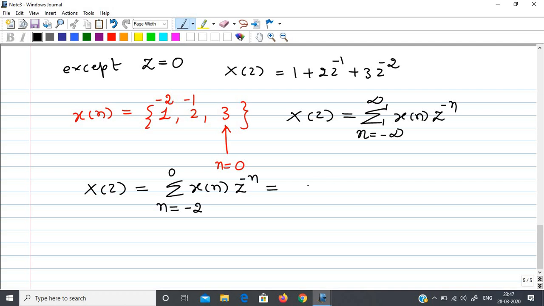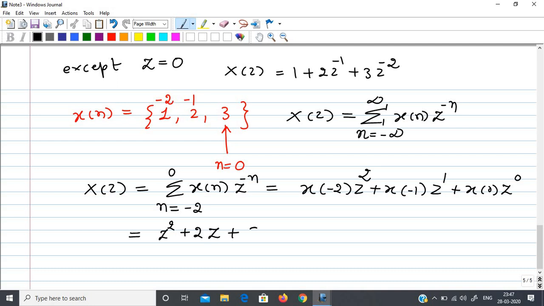If you expand this summation, you get x of minus 2 z to the power 2, x of minus 1 z to the power 1, plus x of 0 z to the power 0. The values of x of minus 2, x of minus 1, x of 0 are 1, 2, 3 respectively. So you can say X(z) is z squared plus 2z plus 3. This is the expression for the Z transform.